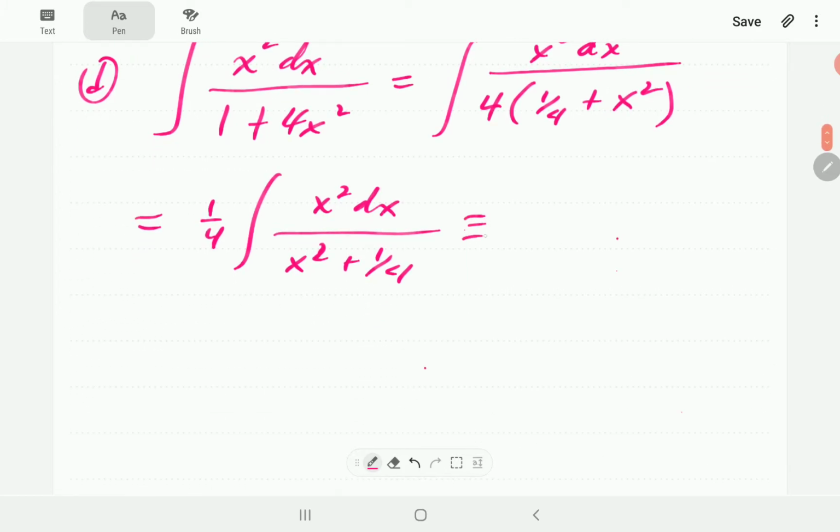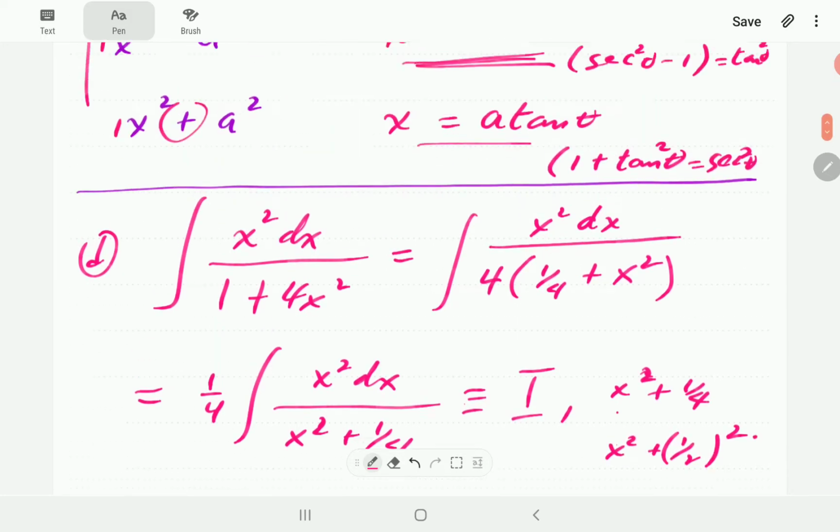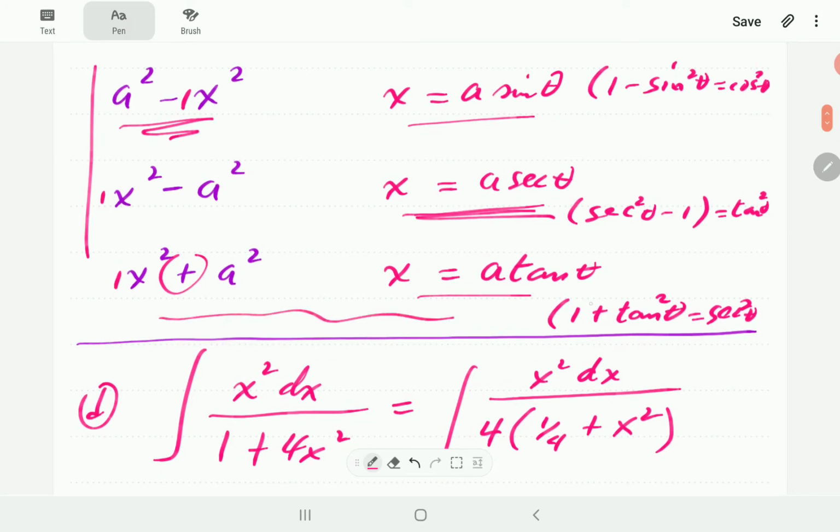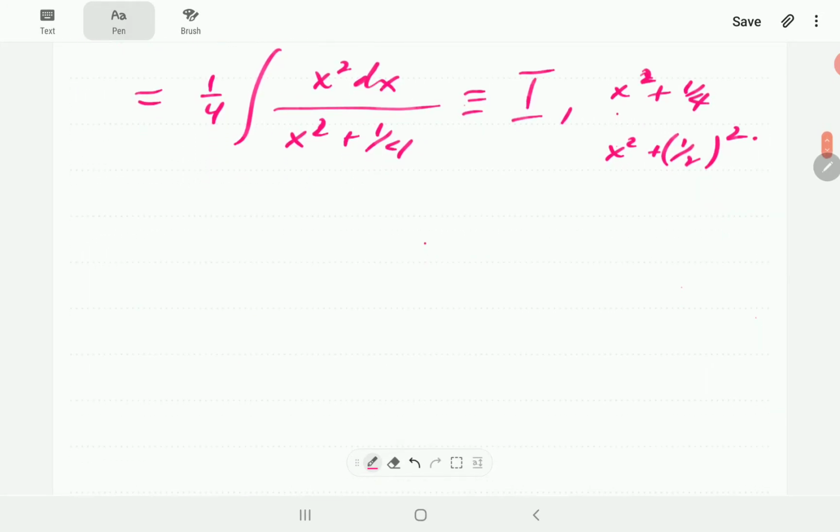So now x squared plus 1 over 4 we can write as x squared plus 1/2 squared. That means according to this framework, our a is going to be 1/2.